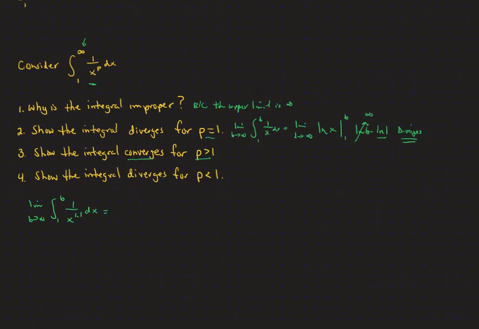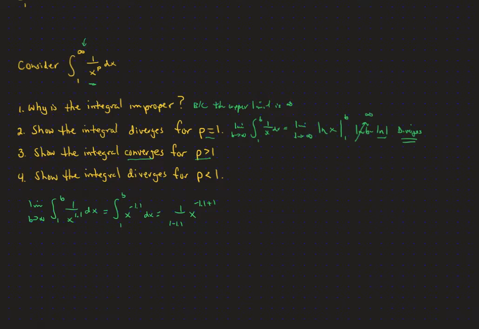So this is going to be the integral of x to the negative 1.1 dx. Using our power rule for integration, we add 1 to the exponent and then use 1 over that new exponent as our new constant.